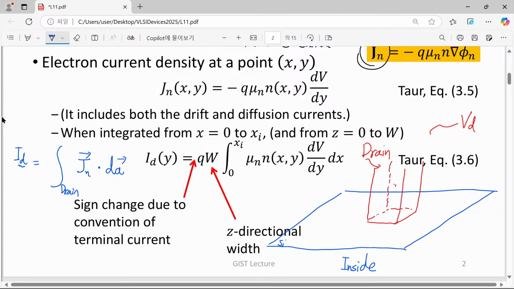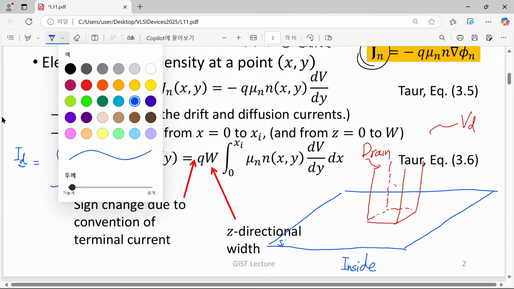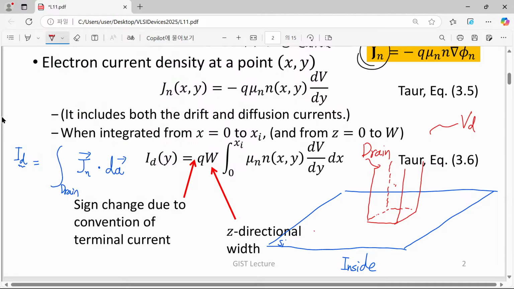In this silicon substrate, we can define any arbitrary position r. Then at this arbitrary position r, we can also define the current density vector J sub n. Yes, we can define this quantity everywhere inside this system.